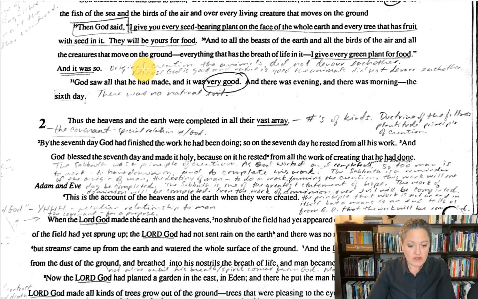So, in the original creation, the animals did not devour each other, and there was no natural evil. There's no moral evil. There's no evil. God saw all that he had made, and it was very good. There was evening and there was morning, the sixth day. So it was good six times, and the seventh time it was very good. The emphasis here on good, meaning no evil.